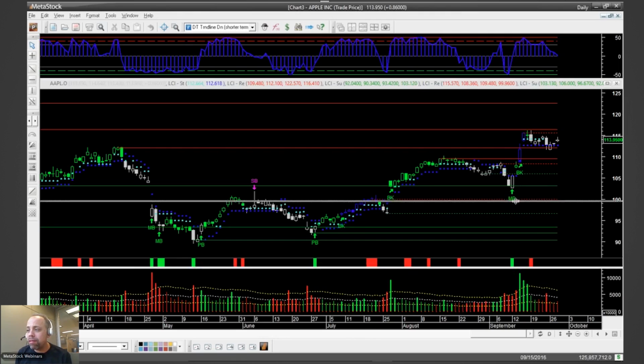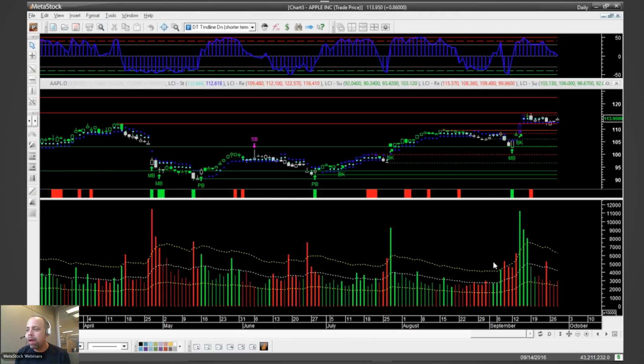Down here, you'll notice this is volume, and he color codes volume. If it's green, it's major bullish volume and increasing. If it's light green, it's bullish volume, but it's decreasing. If it's red, it's bearish volume. That's how you would read the volume readings.